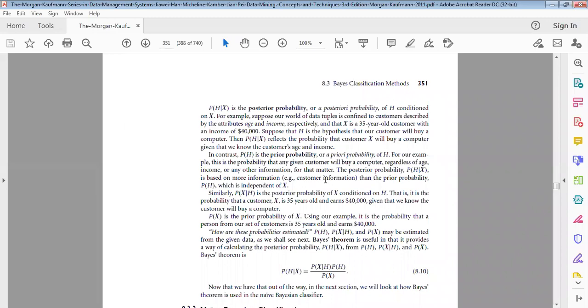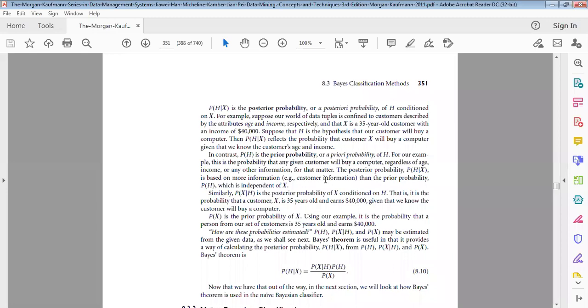So here, there are two things you have to understand in Bayes theorem. First, the probability is represented based on other factors. When it is represented independently, that is the prior probability. And when it is based on the other condition, you have to represent it as posterior probability. So for example, here X is a particular person who is 30 years old and whose income is $40,000.